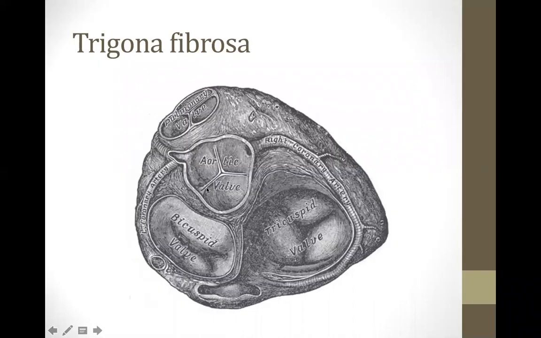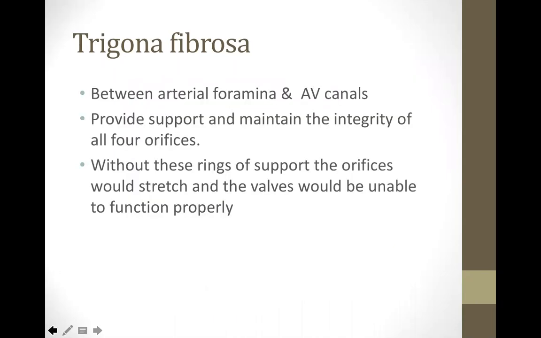Sabi dito, these are the four valves, the aortic, bicuspid, tricuspid valve. So, pag valve ang pinag-uusapan, Trigona fibrosa will provide support and it maintains the integrity. So, without this, nakastretch lang ang mga valves.